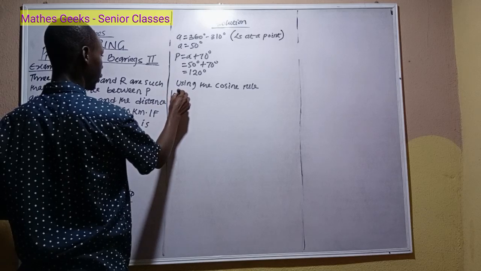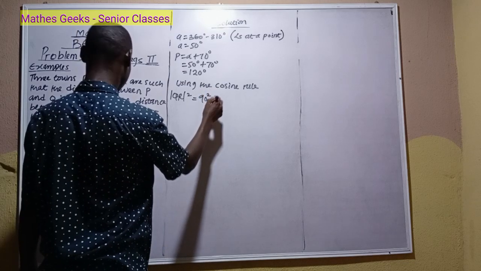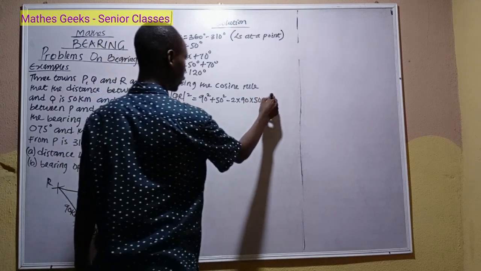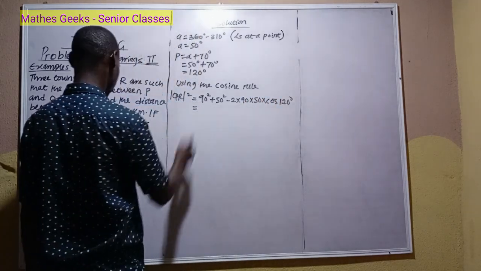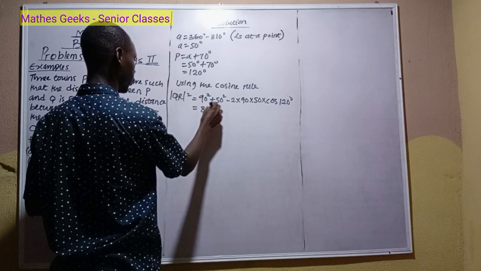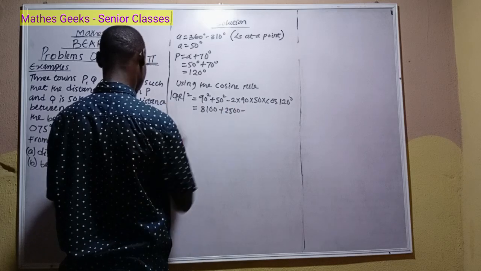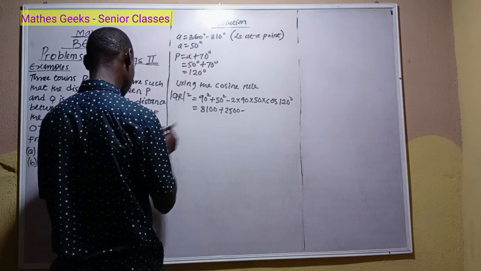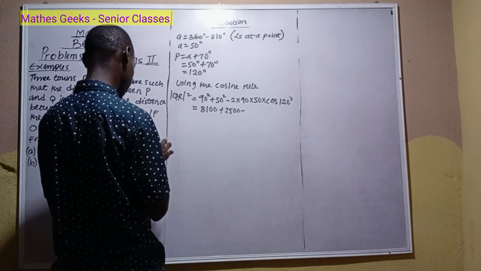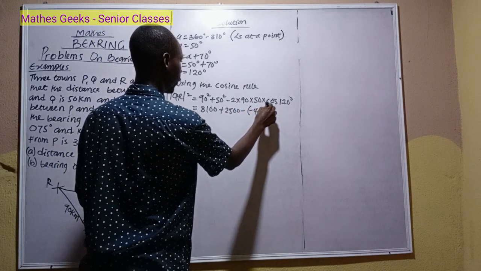QR squared is equal to 90 squared plus 50 squared minus 2 times 90 times 50 times cos 120 degrees. 90 squared is 8,100, plus 50 squared is 2,500, minus 2 times 90 times 50 is 9,000 times cos 120, that is minus 4,500.